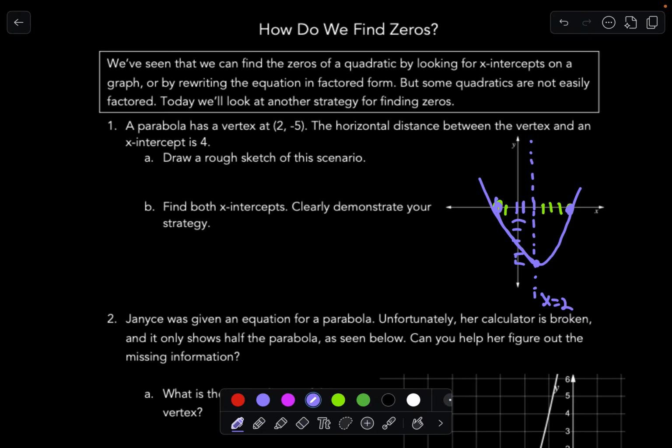Find both x-intercepts. So clearly demonstrate, how do I say this?